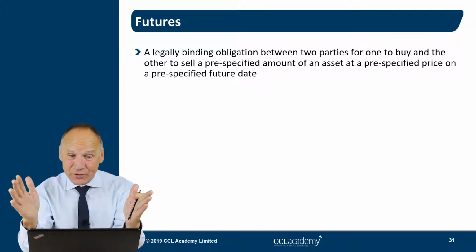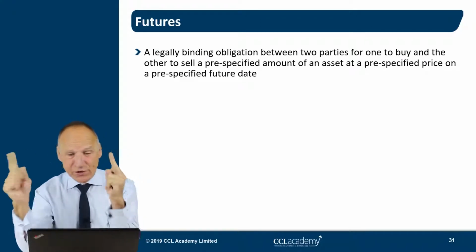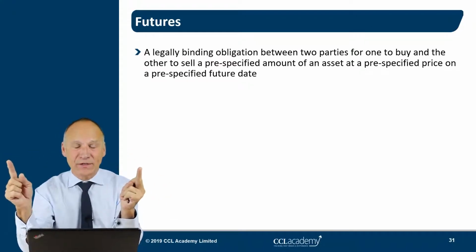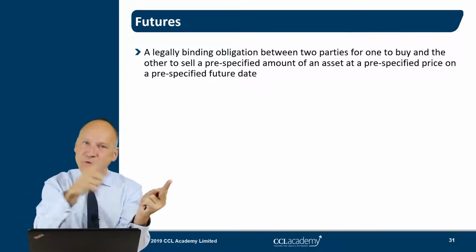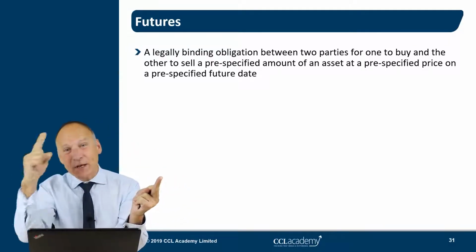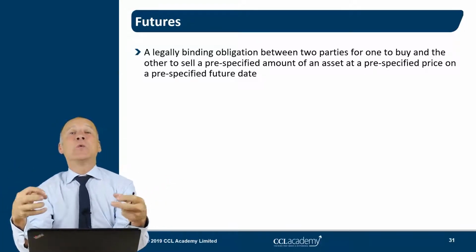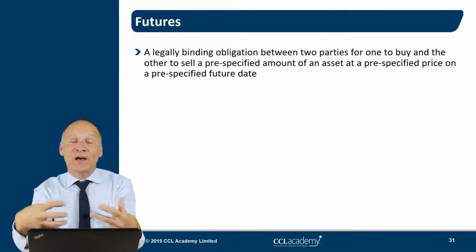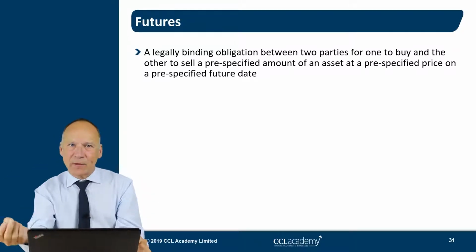Now you can see on the slide, the first thing to say is what I think we've already established, which is that a future is a legally binding obligation between two participants, two parties to the contract. One is committing to buy something at a future date. The other is committing to sell that something at the future date. And what is being specified at the outset is how much oil we're talking about.